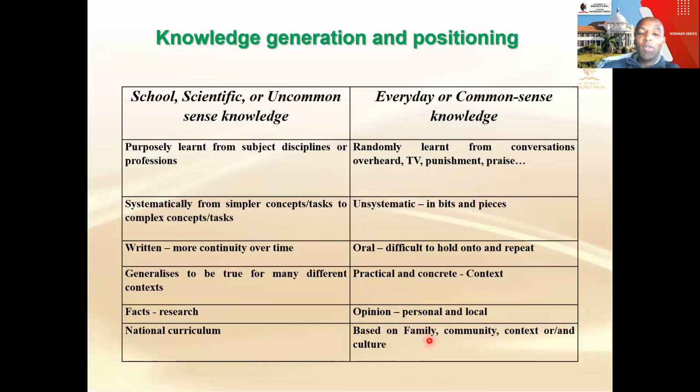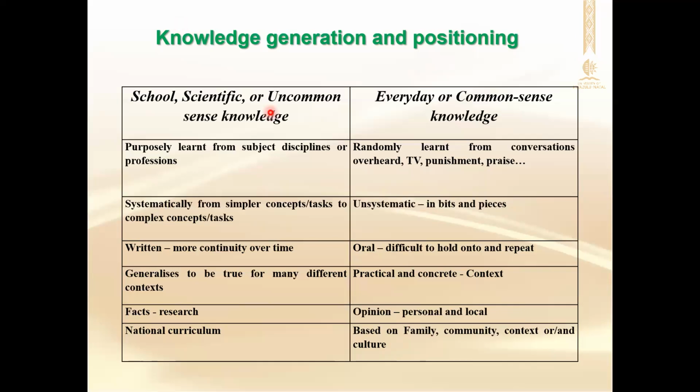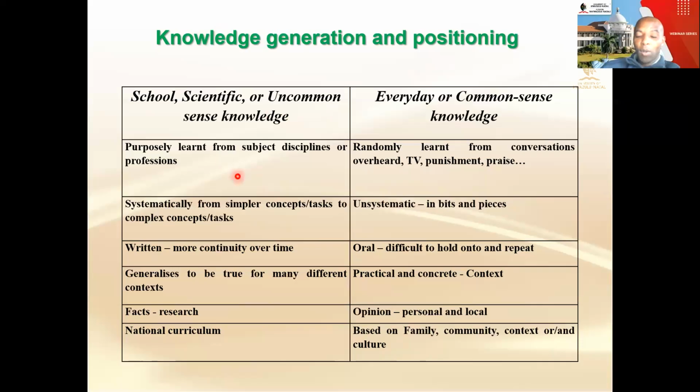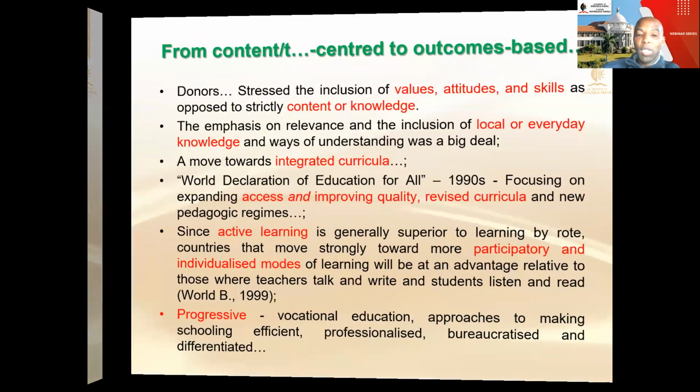They are not empty vessels, but they have something. So if you take the issue of everyday knowledge, it means we acknowledge that everyday knowledge and then you use it in your teaching. But remember, both of them are good and bad. Therefore, you need to know the strength of each of these approaches.